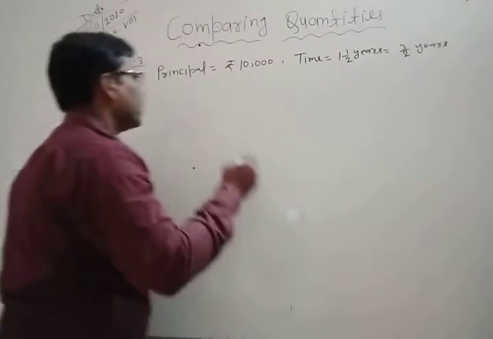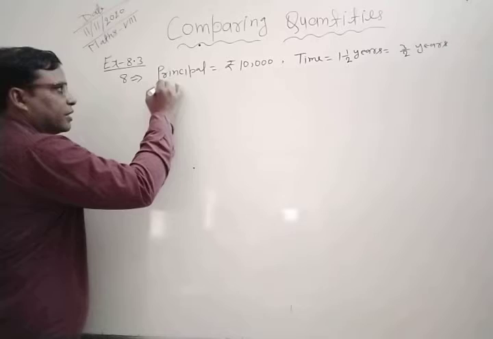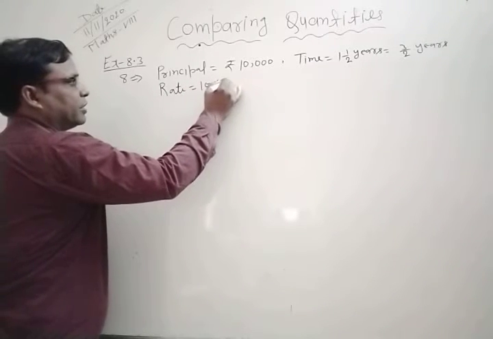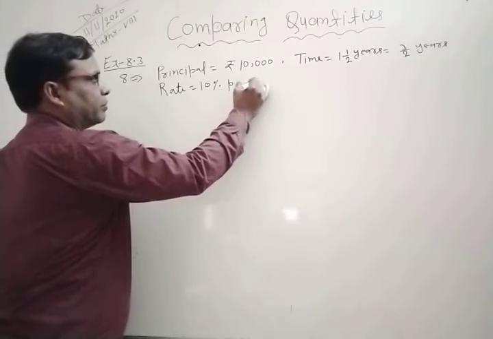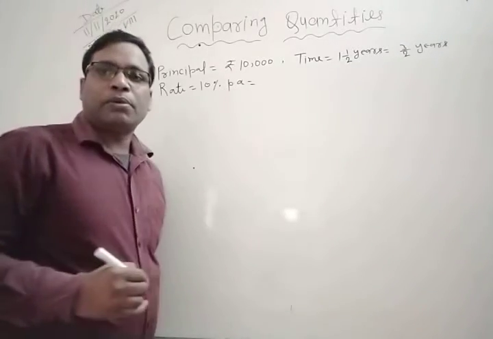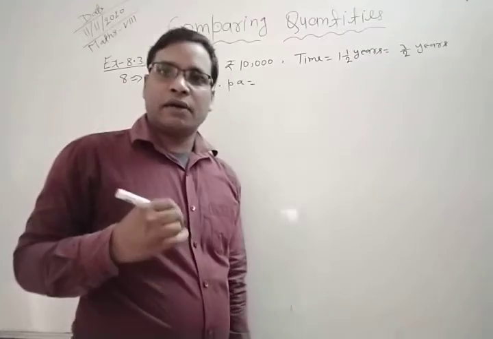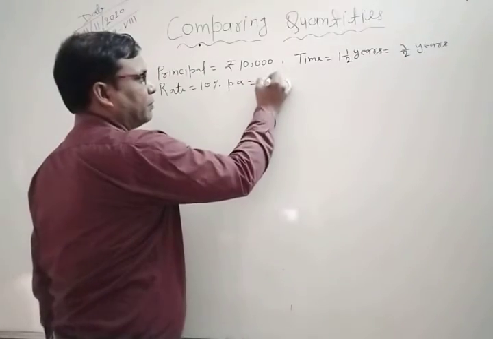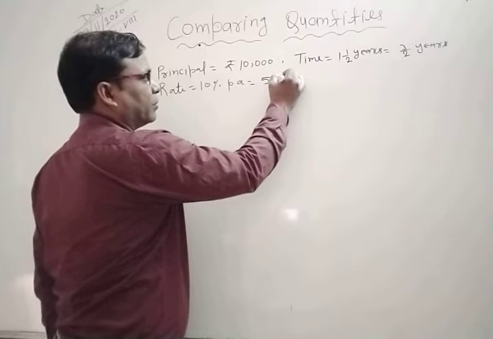So here the rate is also given. What is the rate? The rate is given here as 10% per annum. Okay, so for compounded half yearly, it becomes 5%.